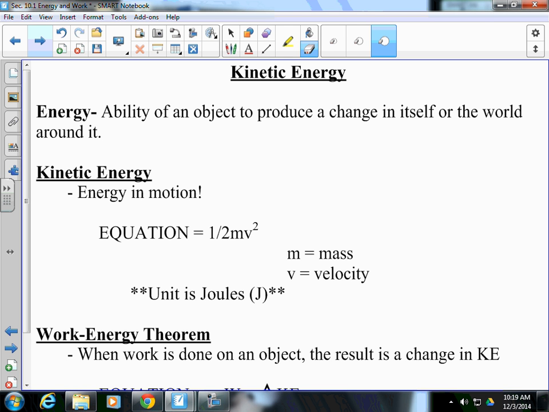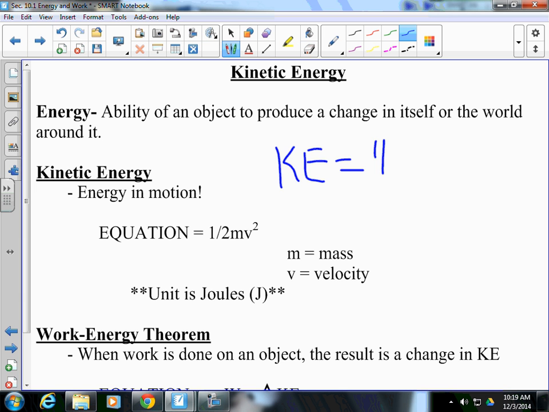And where we start is kinetic energy, energy in motion. A lot of times we'll abbreviate kinetic energy with KE. KE is equal to 1/2 mv squared, m being mass, v being velocity.